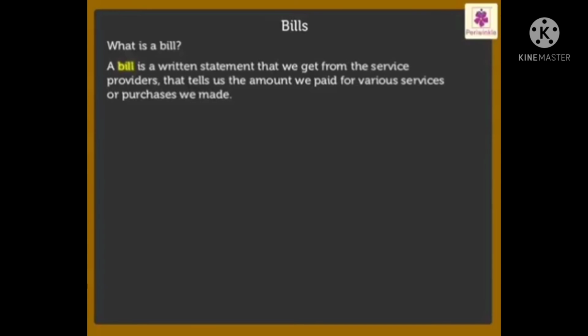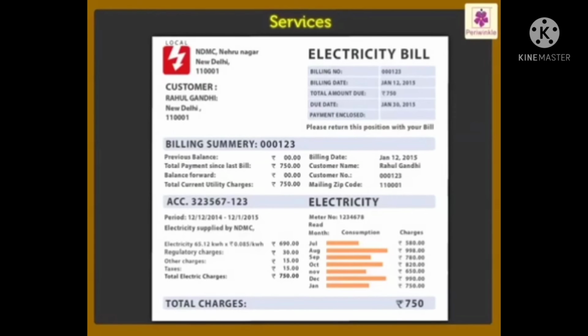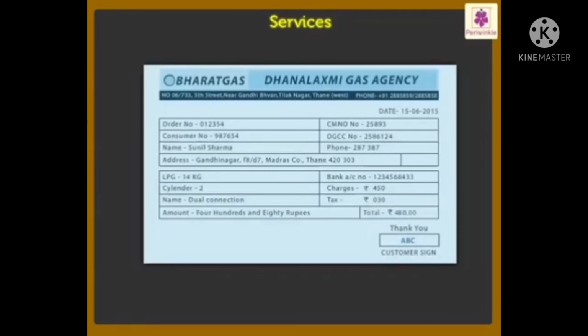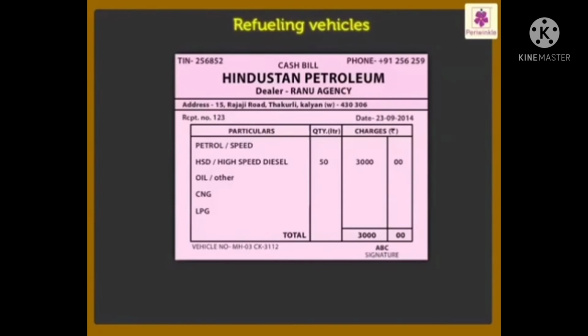We receive bills for shopping from a store, for services such as electricity supply, telephone facility, and gas supply, for repair and maintenance of house gadgets, for refueling vehicles with petrol or diesel.